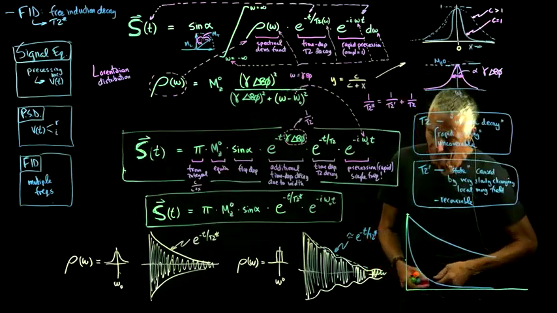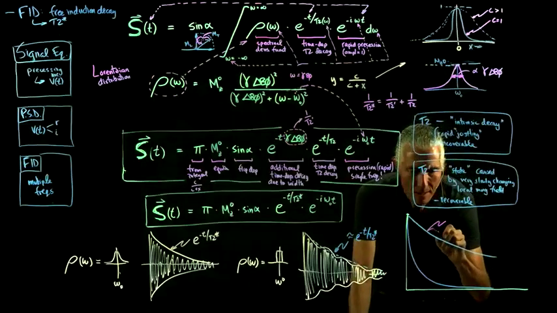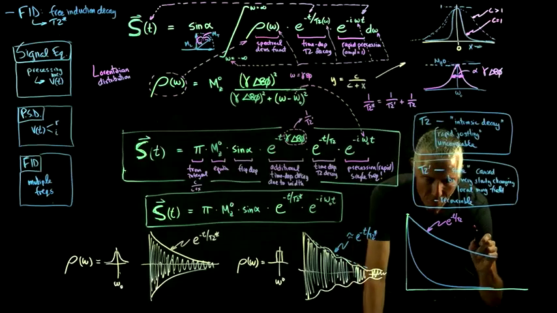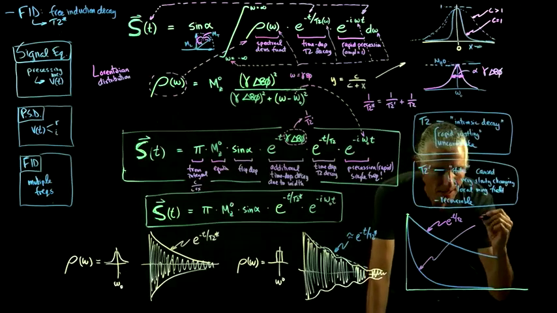So this one is e to the minus t over T2, whereas this one is e to the minus t over T2 star.